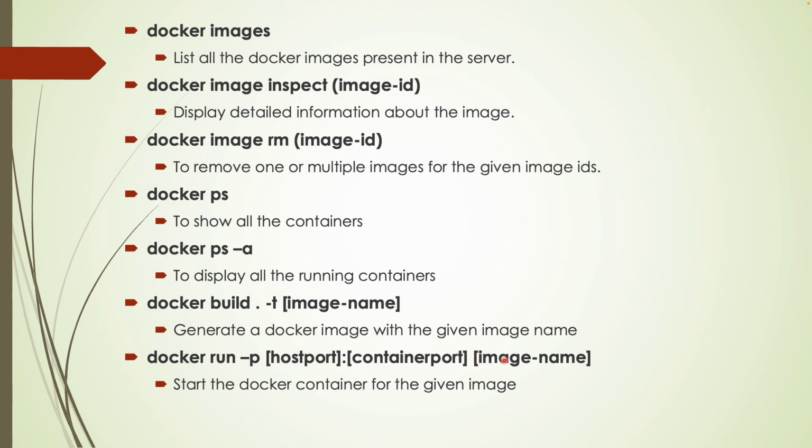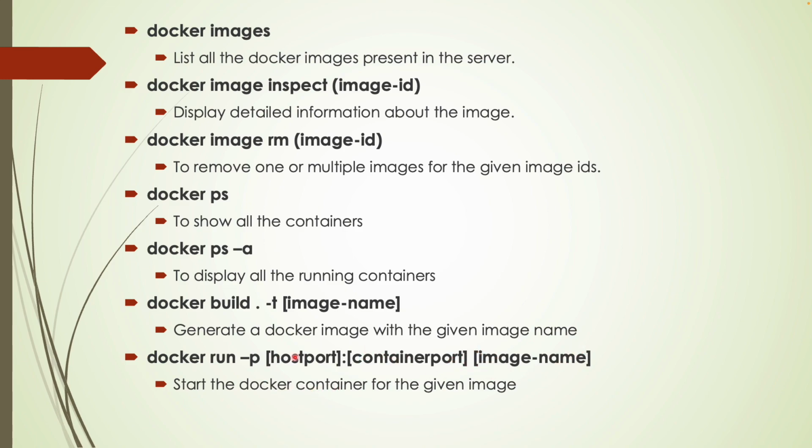Then I need to provide the image name. What is this image name? With this image, Docker will create the container. So what is the command to start a container? We need to give docker run -p host port:container port and the image name.